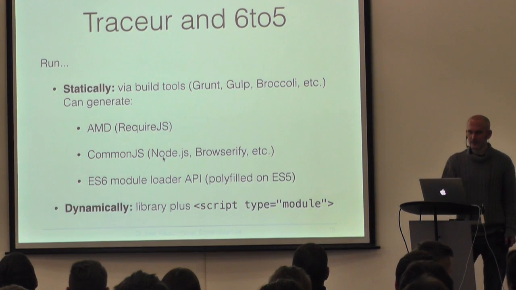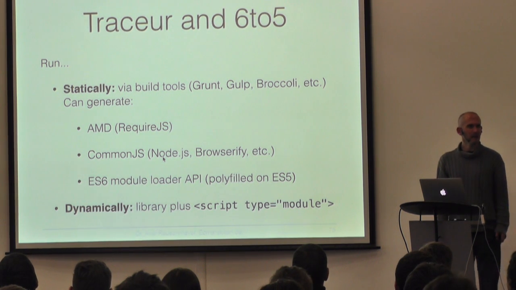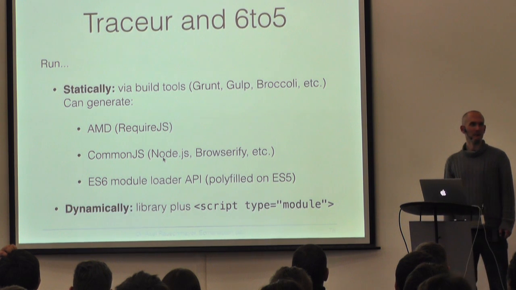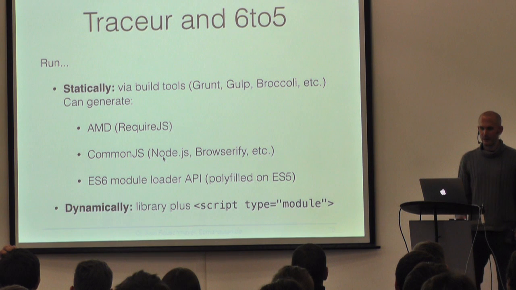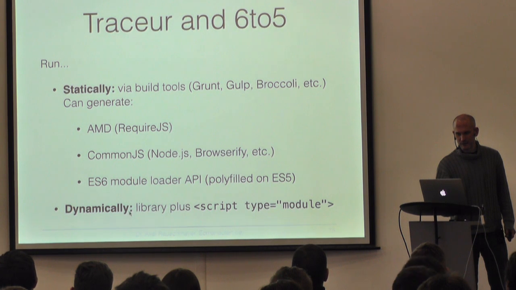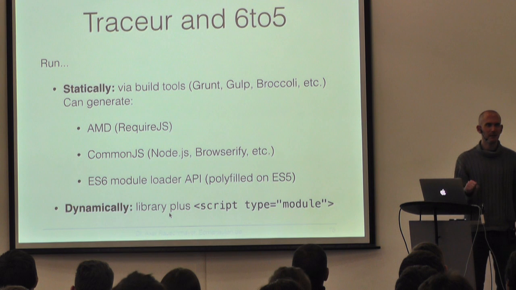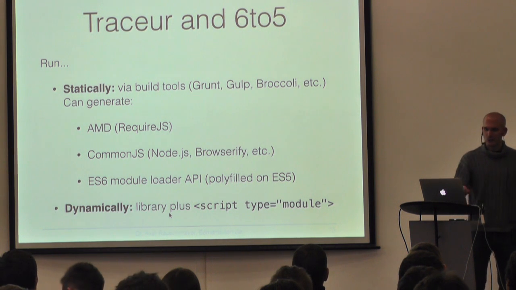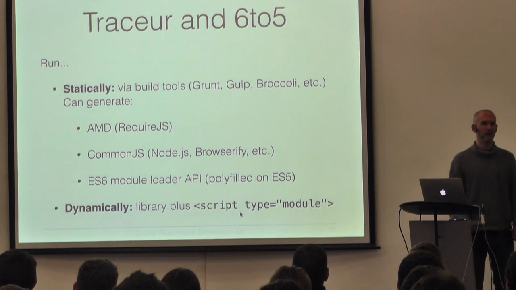This is what you use, I think, very often in production. You compile it to relatively nice looking ECMAScript 5 code. But during development, you can also do it dynamically, so you don't need a compile process. You can directly use ECMAScript 6 in the browser, and it's just compiled on the fly.